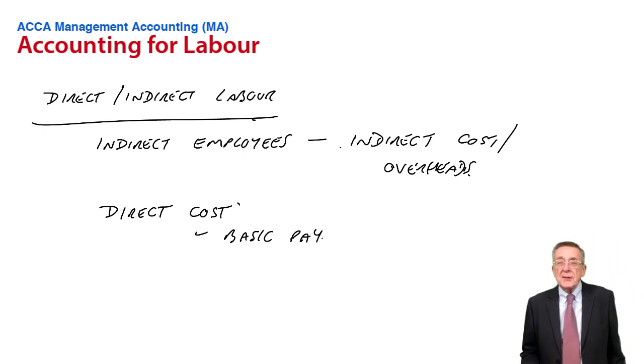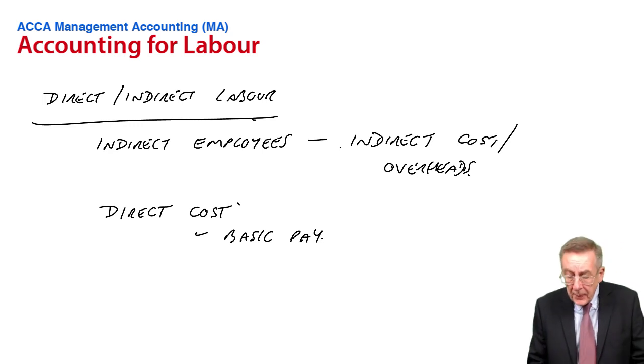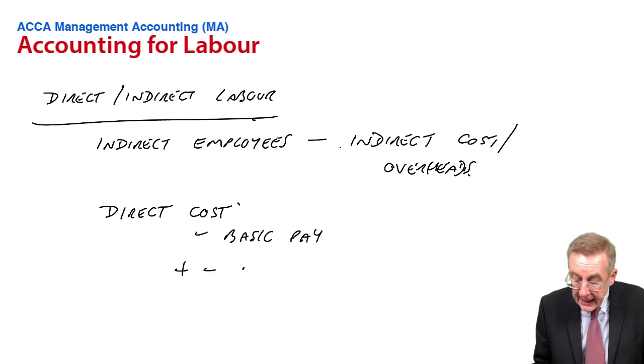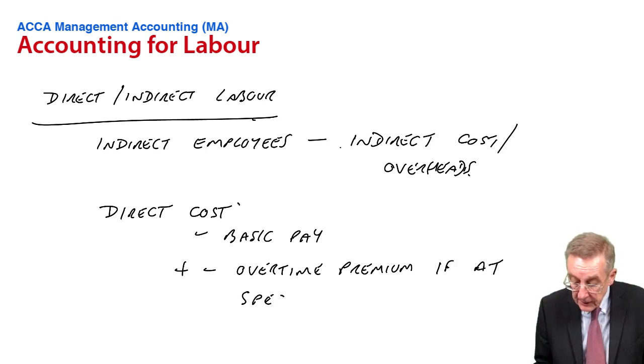So if we pay the workers $5 an hour, fine, that is a direct cost, plus any overtime premium if at the specific request of a customer.